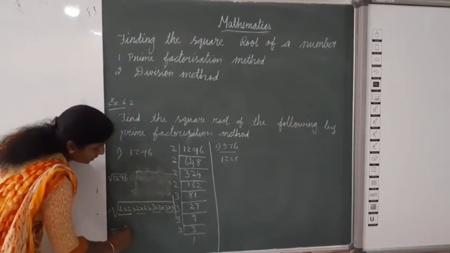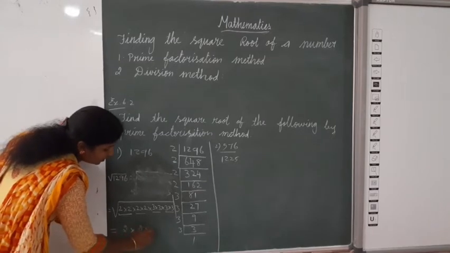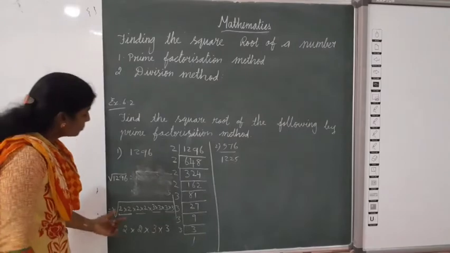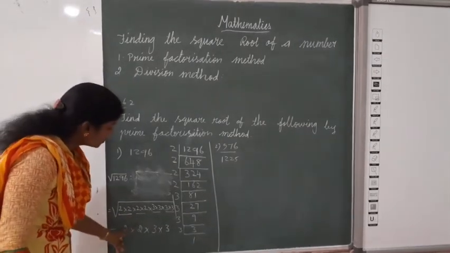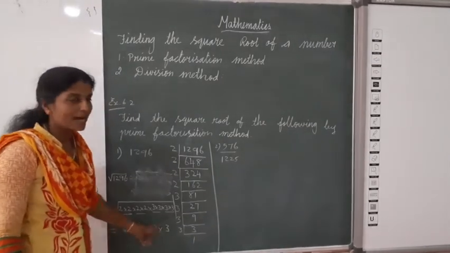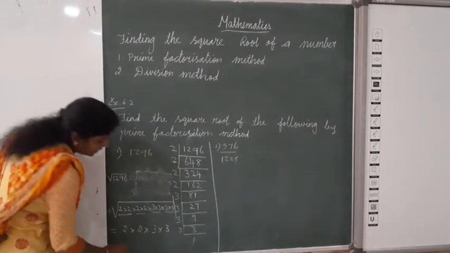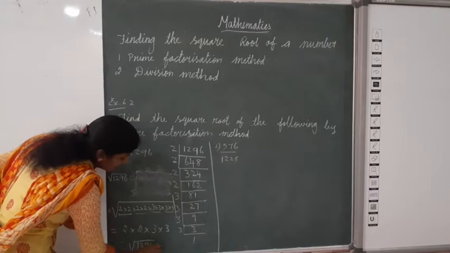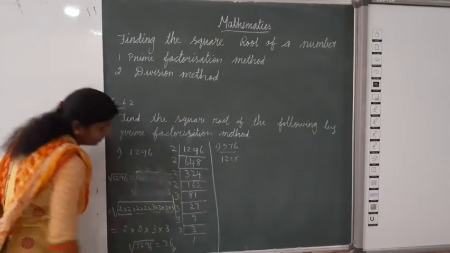So 2 into 2 into 3 into 3. 2 2s are 4, 4 3s are 12, 12 3s are 36, isn't it? Therefore, square root of 1296 equal to 36.